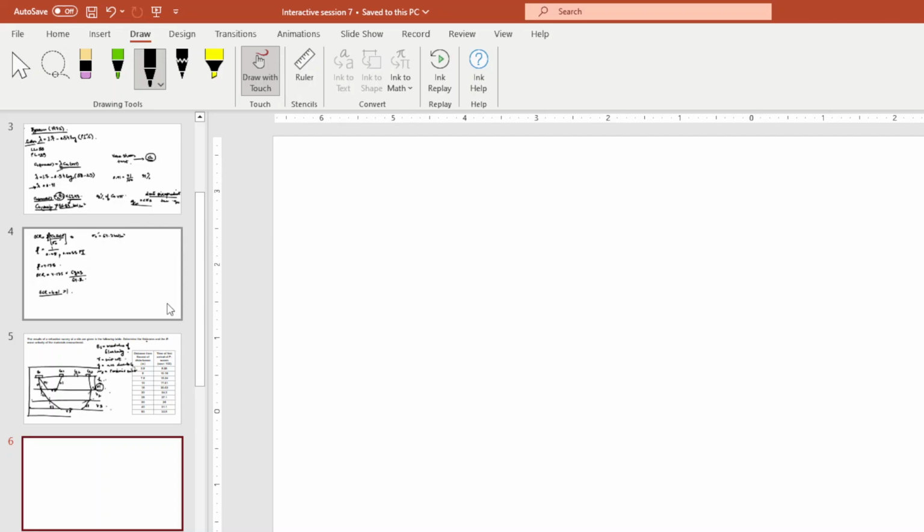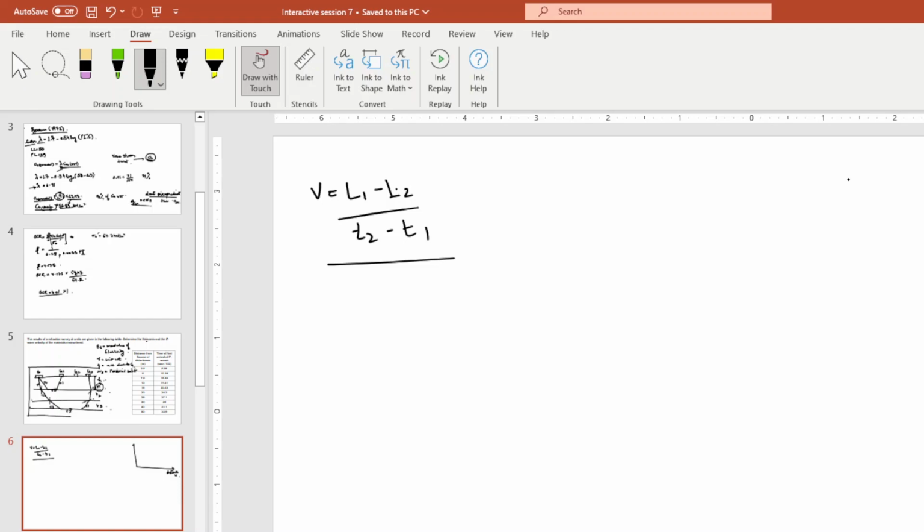Yes. So we have to draw this slope, and this is the time of arrival. Actually, let us do one thing.